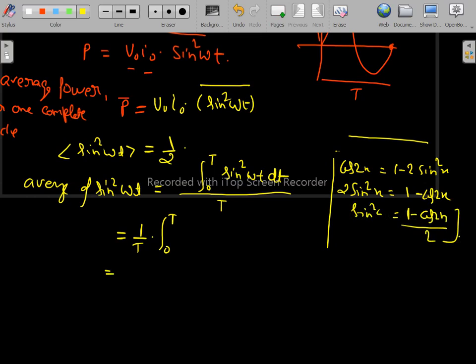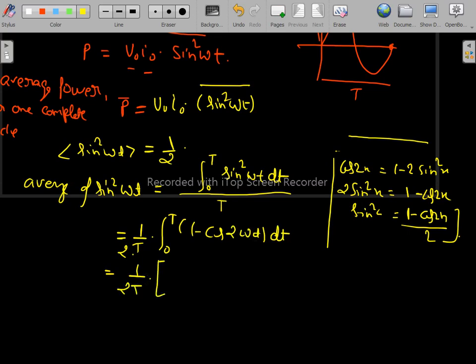No. So we will substitute this term here. Note one thing, this is 1 upon 2, and the remaining term is 1 minus cos 2x. x is the angle, so whatever angle you have, simply double that. Here we have omega t, so double of that will be 2 omega t, dt. Now this is 1 upon 2T.